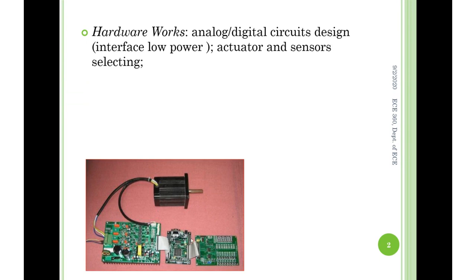Like I said, the controller board is connected to the computer, right? In a computer, you have a software programming environment.